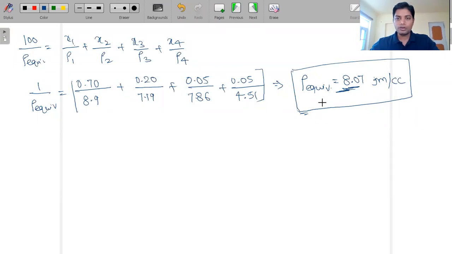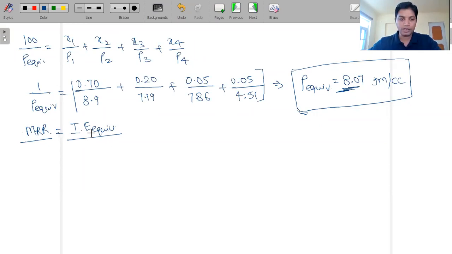Now what we have to calculate first is the MRR, which will be equal to I into E equivalent upon rho equivalent into F. By the way, we have to calculate the feed rate, but for that we already know the surface area, so we just have to calculate the MRR.